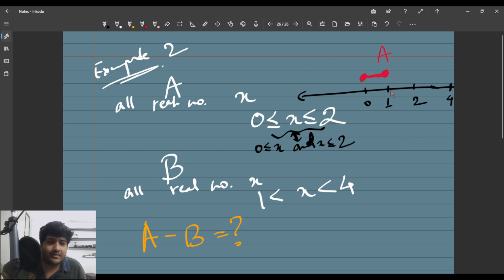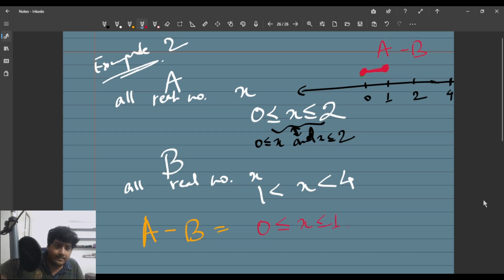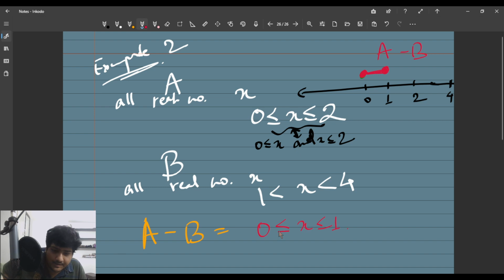Whatever was to be subtracted, we already did, and we have A minus B as this set: 0 is less than or equal to x is less than or equal to 1. So all the elements between 0 and 1, including 0 and 1, would be A difference B, or A minus B.